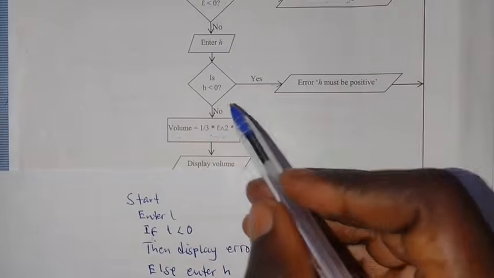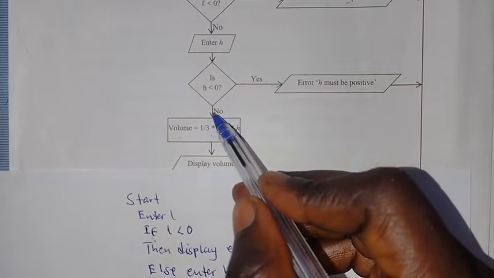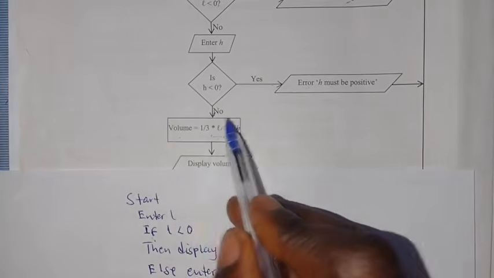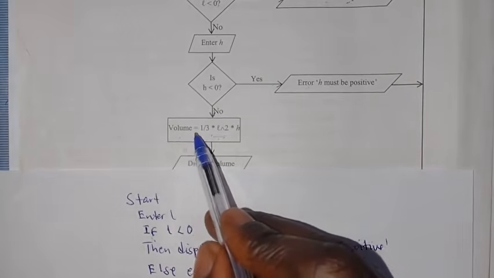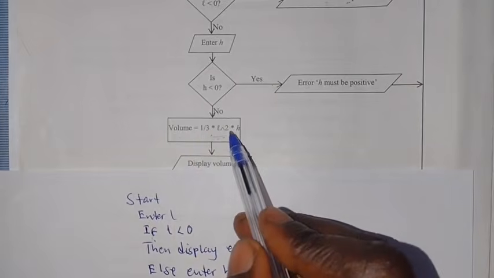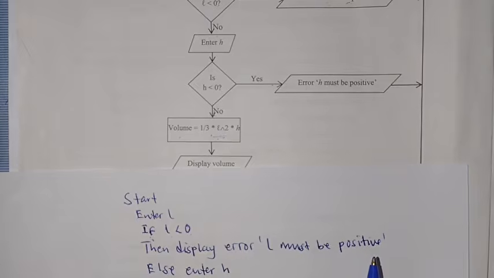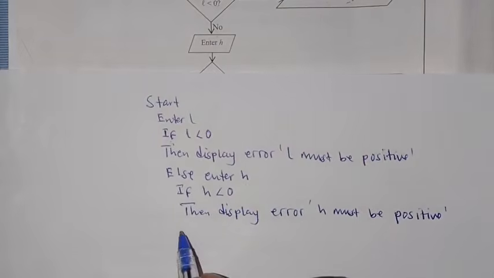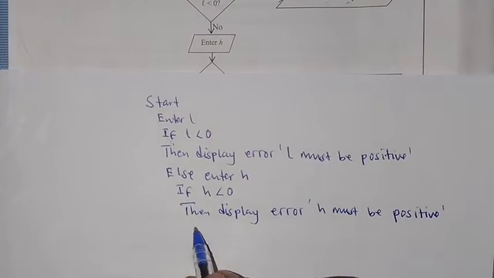Let's look at the next part. There is also a no. After a no, there is this rectangle, the action box where they are saying volume is equal to this. So here we are going to say else.